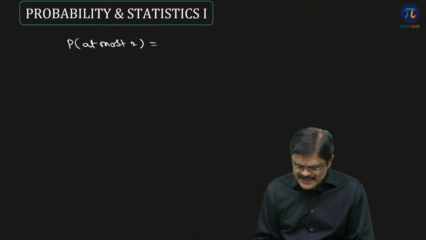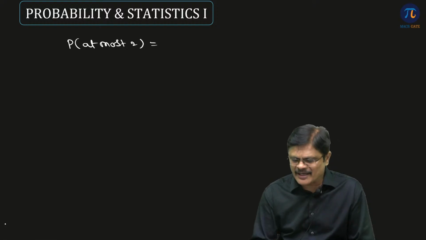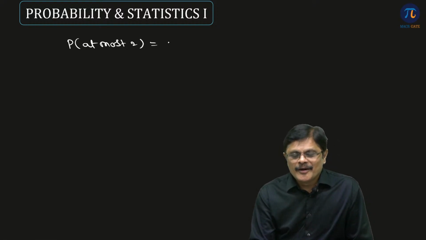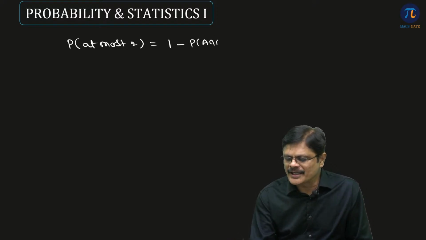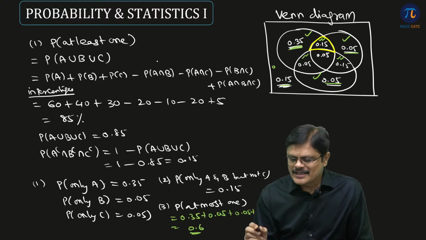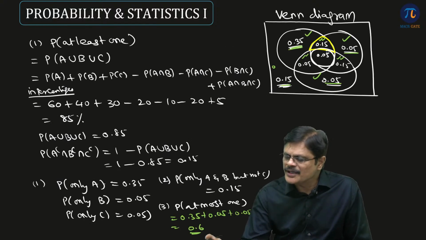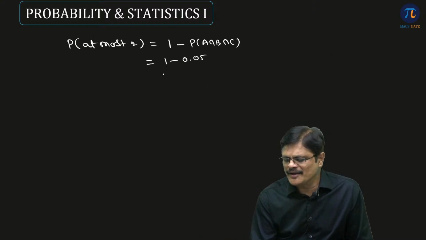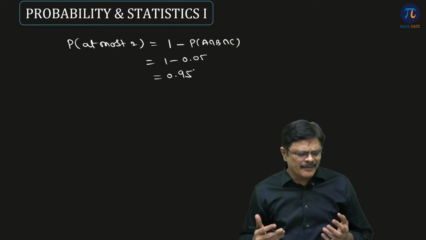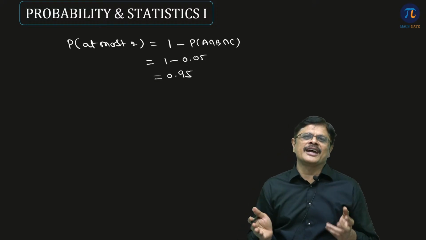But there is a better way of doing it. From total, if you remove all the 3, if you remove this inner portion, you get the remaining part. That is 1 minus 0.05, which is 0.9. So any question can be answered once you understand this Venn diagram, my dear friends.